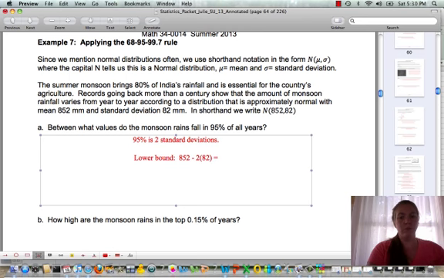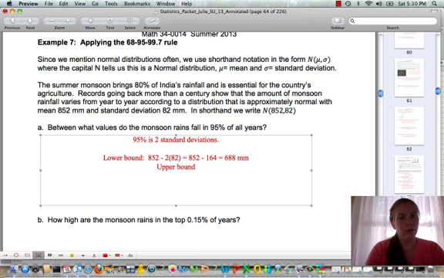So that's going to work out to be 852 subtract 164. And if we go ahead and subtract that, we're going to get 688. Let me double check to make sure I subtracted right. Yeah, so 688, and remember we're measuring in millimeters.